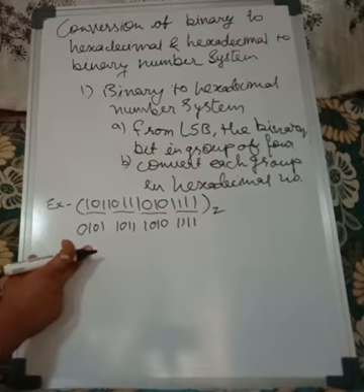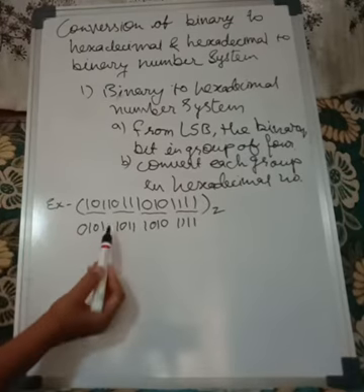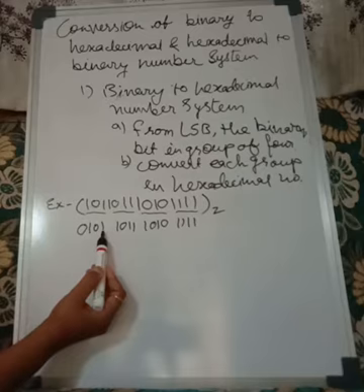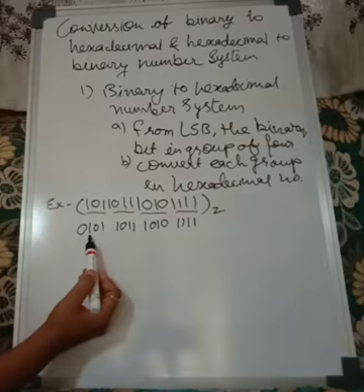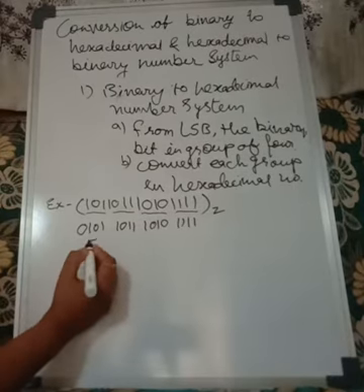Now we'll try to convert this number into hexadecimal number. So let us see, this is 2 to the power 0 into 1 plus 2 to the power 1 into 0, 2 to the power 2 into 1. So this is 4 plus 1, 5.